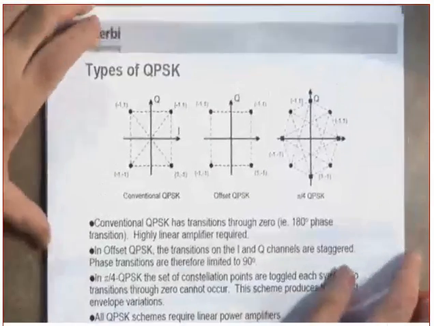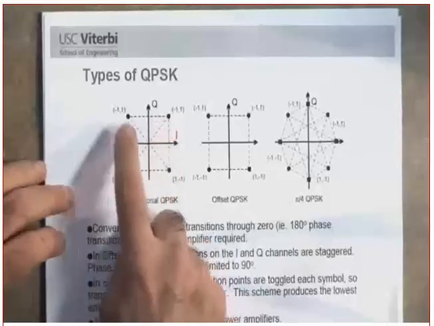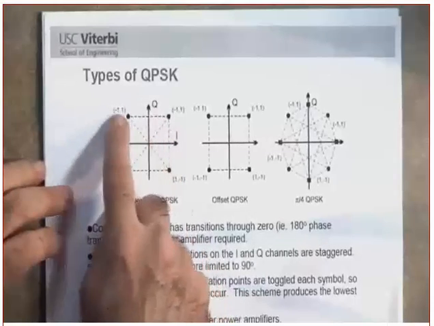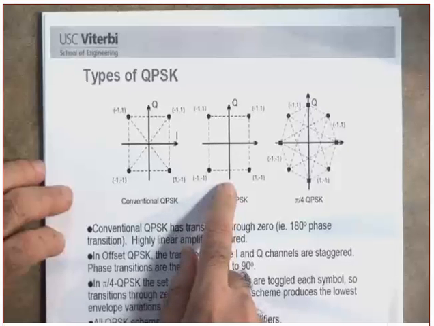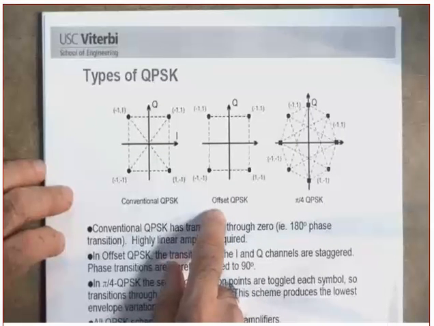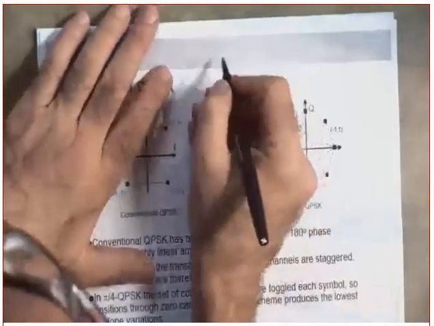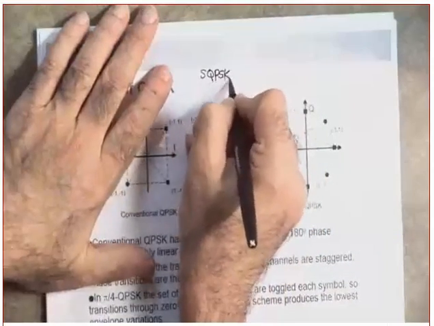Bit types of QPSK. Let's see if you can tell me. This is the conventional. All of these transitions are allowed. What is this? Anybody know what this one is called? It's called offset QPSK. Another name for it is what?